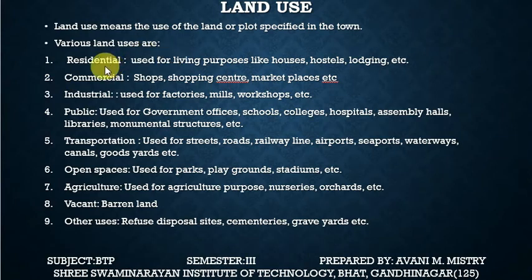Various land uses are residential, that is used for living purposes like houses, hostels, lodging, etc. Then commercial, that is shops, shopping centers, marketplaces, etc. Then industrial, used for the factories, mills, workshops, etc. Then public, that is used for the government offices, schools, colleges, hospitals, assembly halls, libraries, monuments, etc. Then transportation, that is used for the streets, roads, railway lines, airports, seaports.